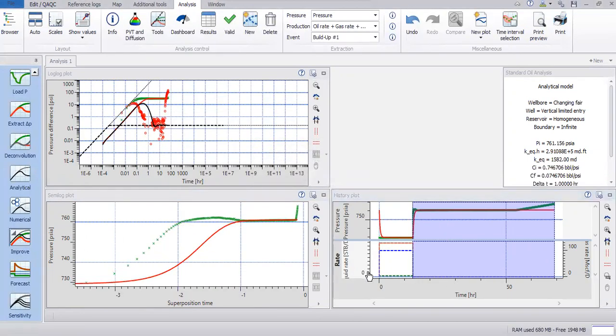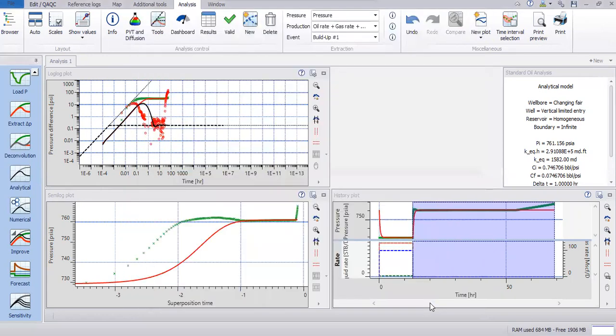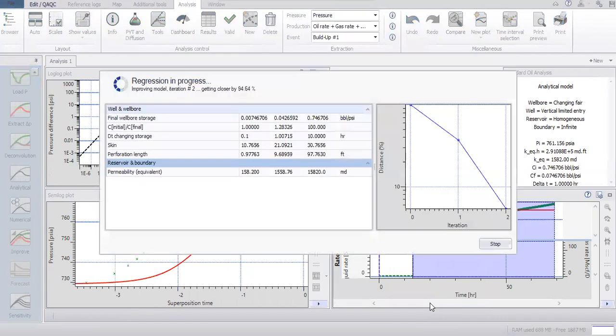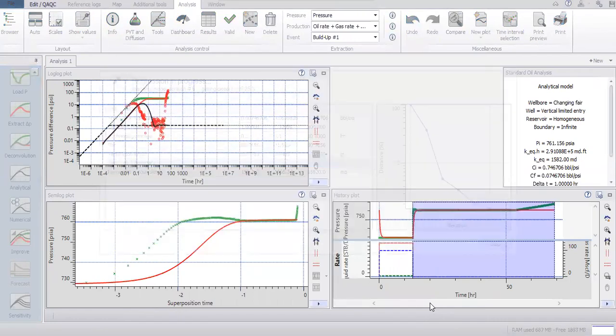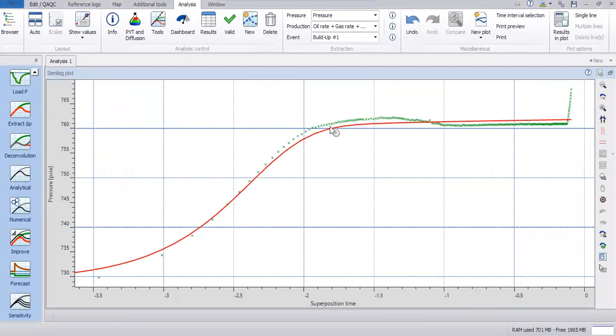Okay, improve. Let's maintain everything. I think permeability, we can regress on that. Yeah, let's try. Yeah, a bit better. Okay, not really.